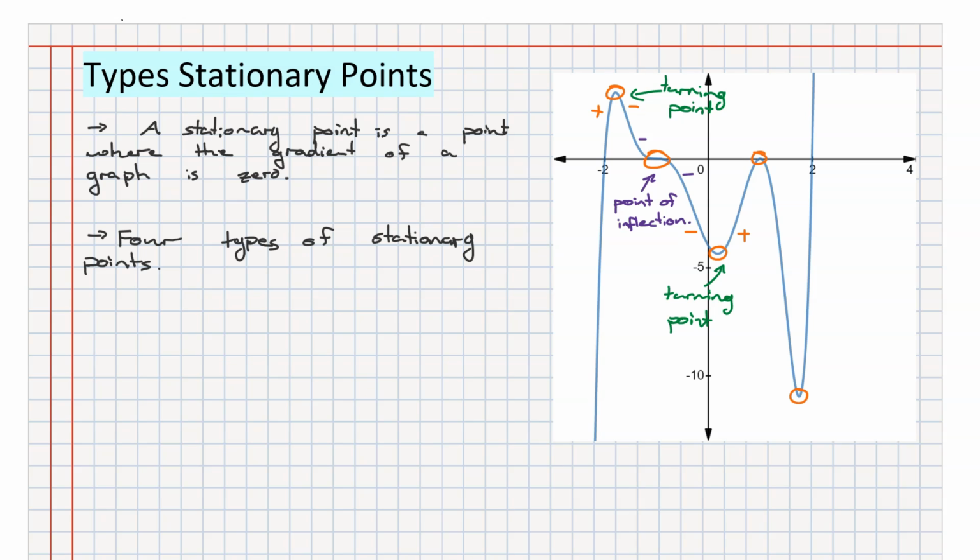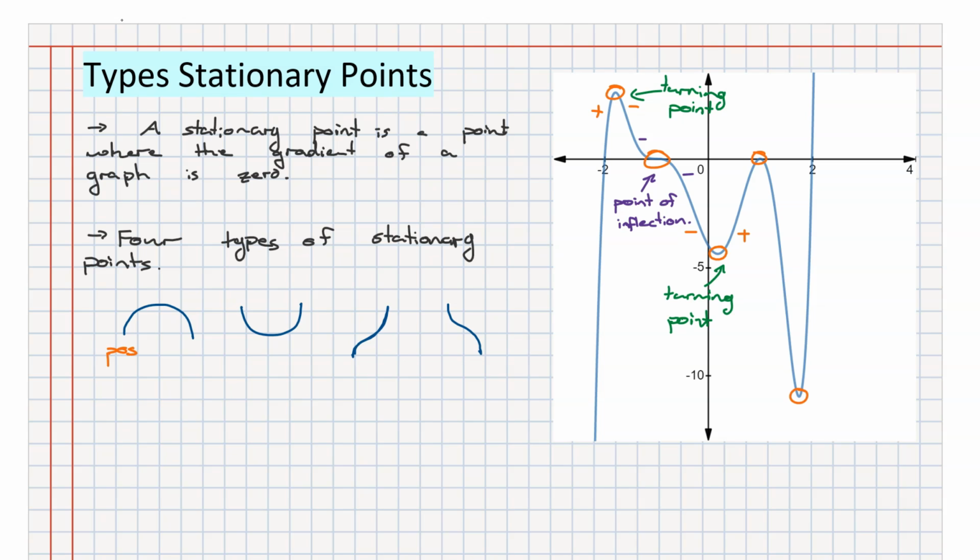If we look at the first one, we go from being positive to negative, then negative to positive, and then positive to positive, and finally negative to negative.